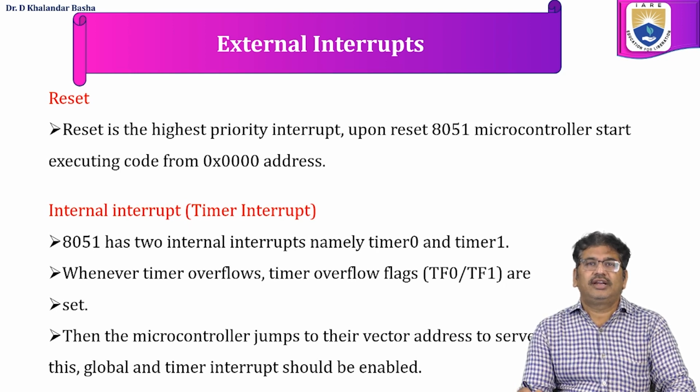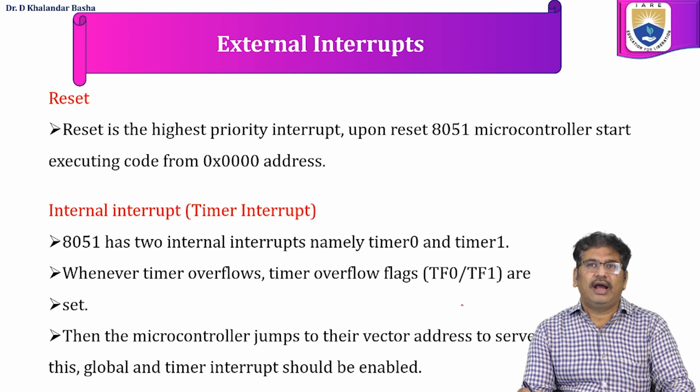The various interrupts. Reset. Reset is the highest priority interrupt. Upon reset, the 8051 microcontroller starts executing code at address 0000H. Internal interrupts caused by the timers we call timer interrupts.